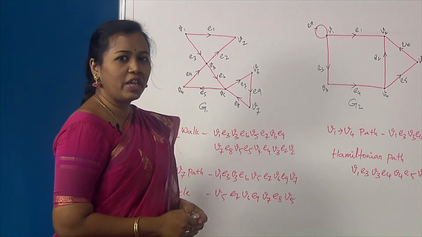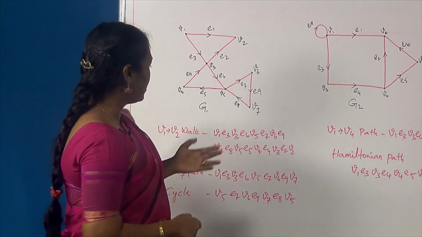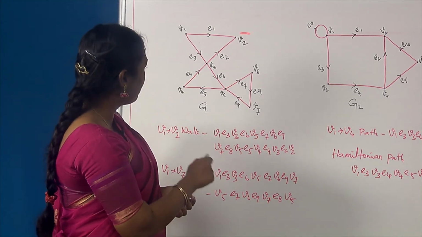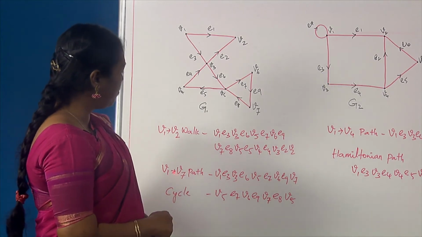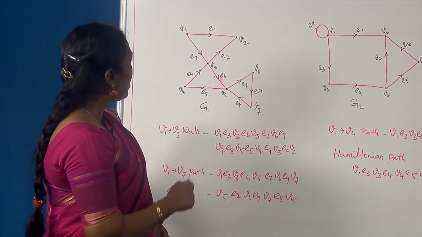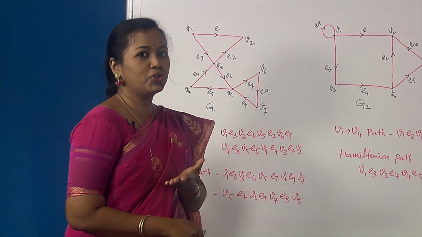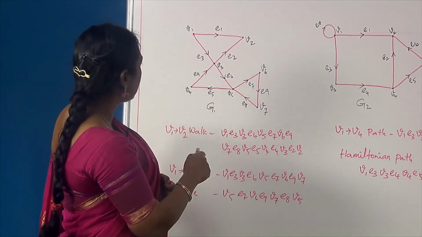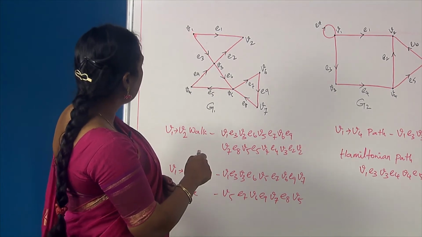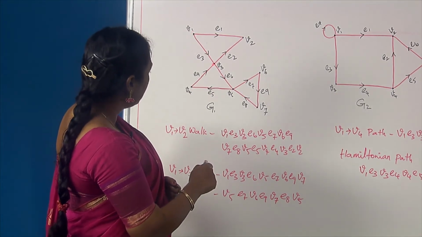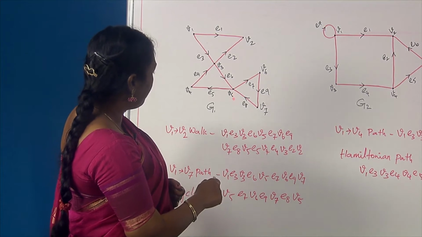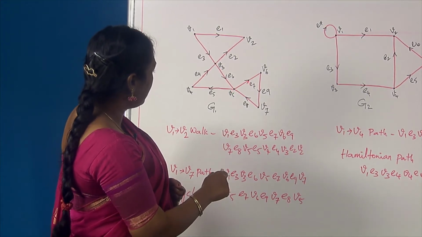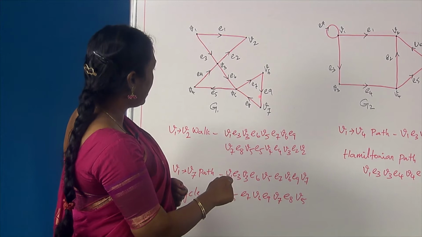Whereas in a path, let us take another path here in the same graph. I have written a V1, V7 path here, and of course in a path you shouldn't be repeating the vertices. So V1 to V7: you are going from V1, E3, V3, E6, V5, and then E7, V6, E9 and V7.